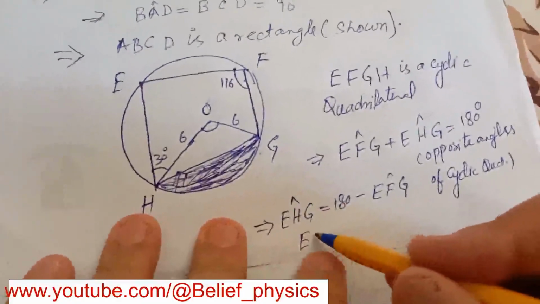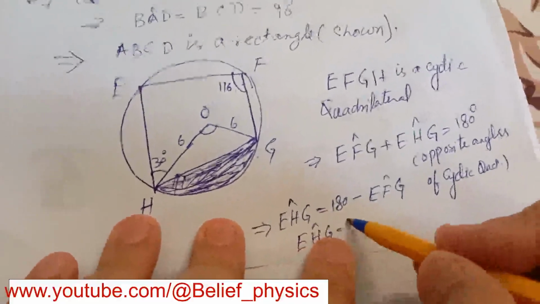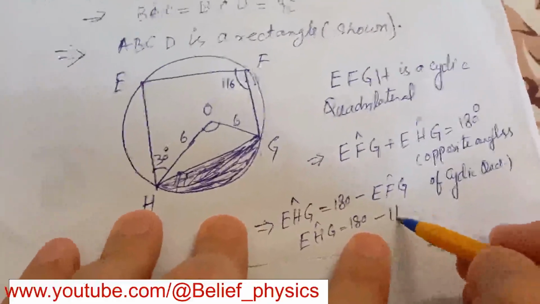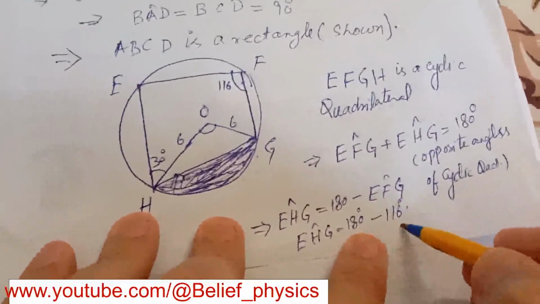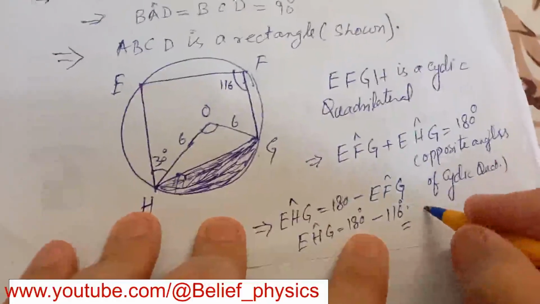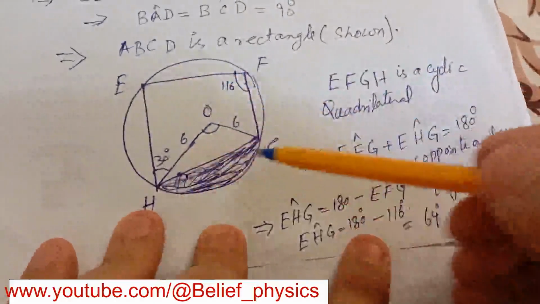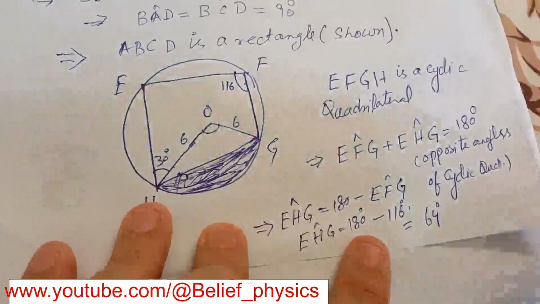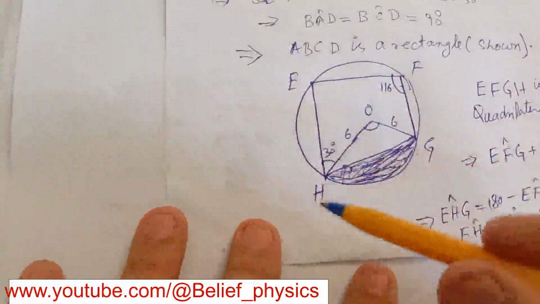So EHG will be equal to 180 minus 116. When you subtract, this comes out to be 64. So EHG, this whole angle, is 64 degrees. Now we can calculate this OHG.